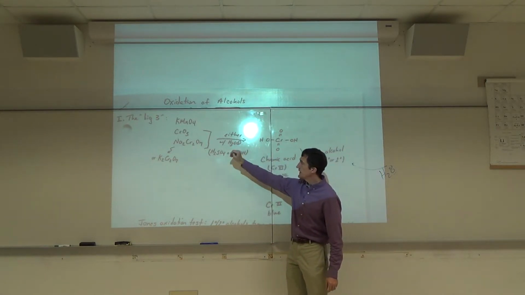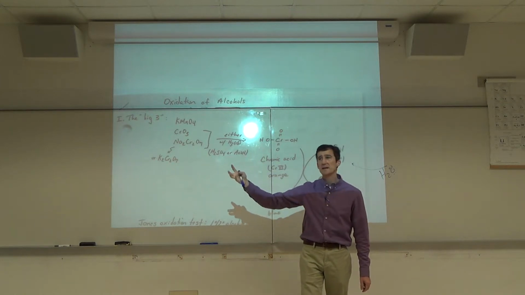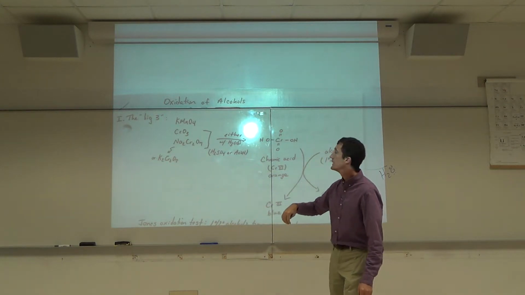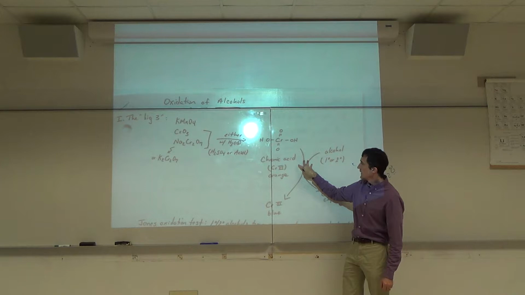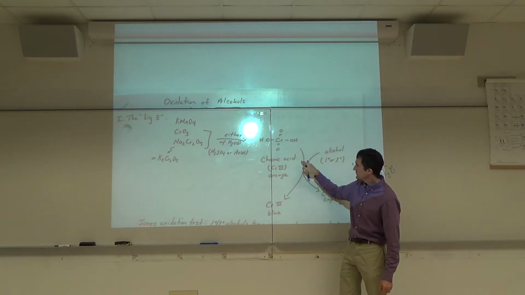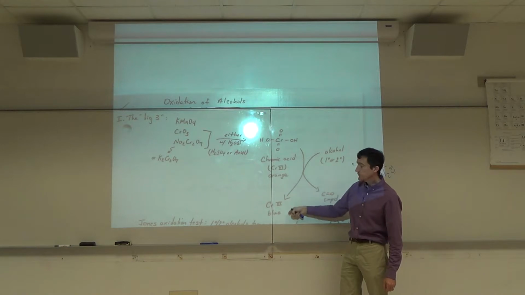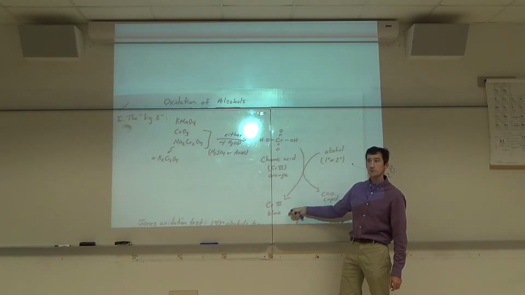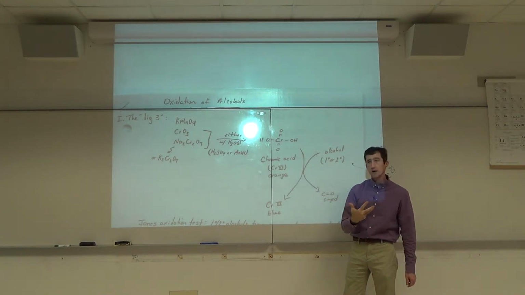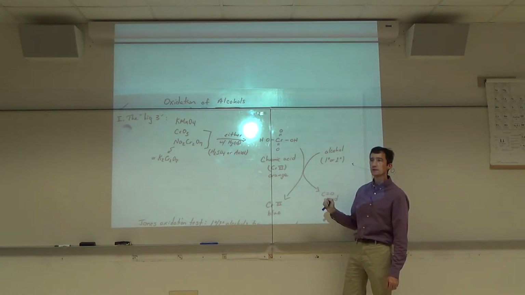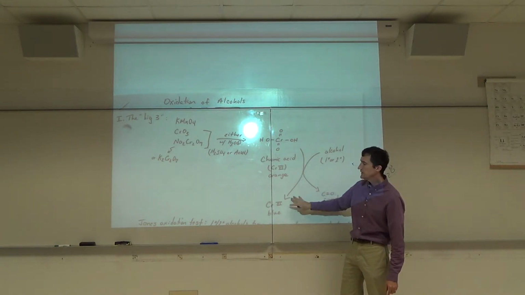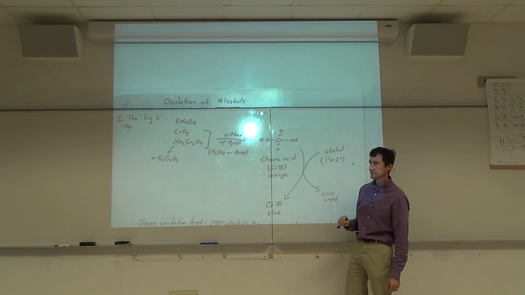I'm not going to show anything with KMnO4, but of course the manganese would get reduced. This is important because we're also going to have a chemical test. Chromium 6 is orange, where chromium 3 tends to be blue, so you can have a visual confirmation that the reaction is taking place. That's called a Jones oxidation test.